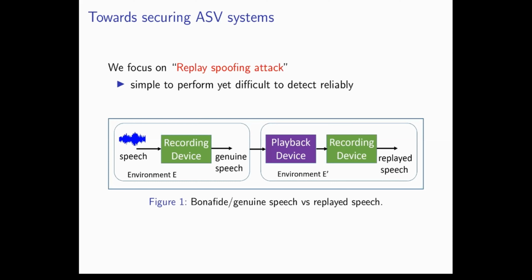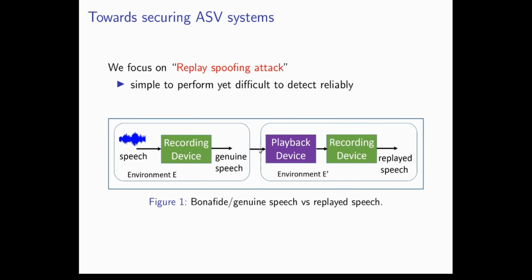Also, this kind of attack is a bit difficult to detect reliably, because here we are dealing with actual speech. We are not using any computer algorithms to generate speech, but we are using the pre-recorded speech of a genuine speaker. This figure depicts the difference between a genuine speech and a replayed speech. Let's say an attacker is successful in acquiring a genuine speaker's speech.